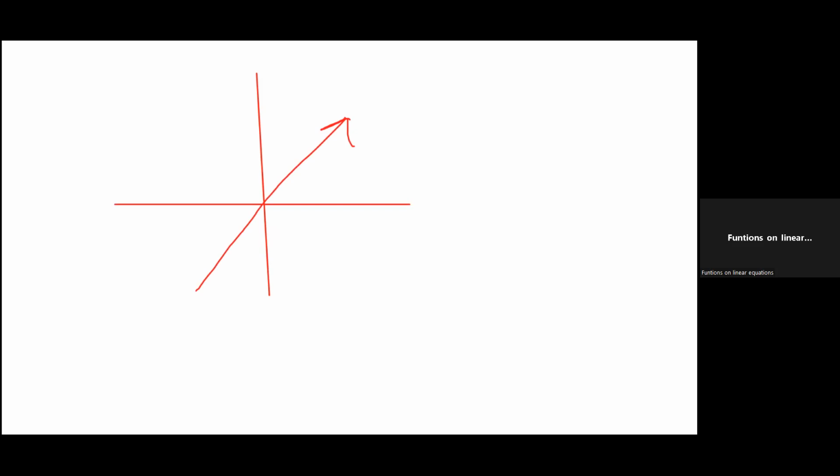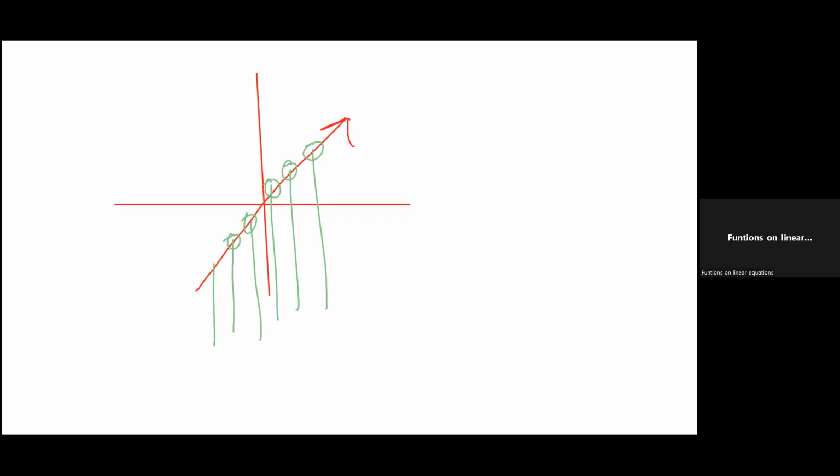As we have learned in the previous video, we have to test our vertical line test. If it's going to touch only at one point of my graph, then it means it's a function. You can see if I draw anywhere on my straight line, it can only be touched at one single point. So yes, it is a function.